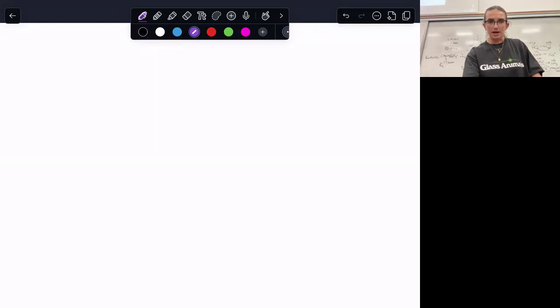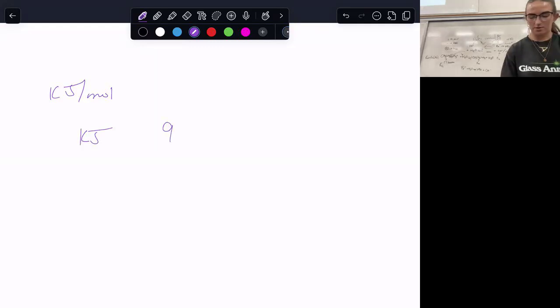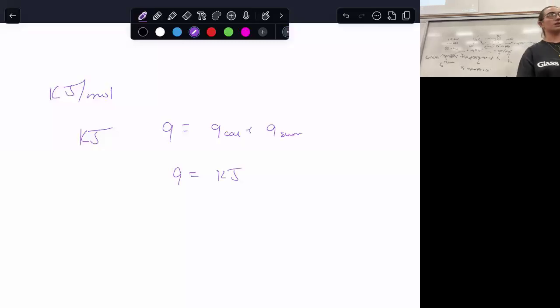When we're looking at that stuff, usually the units that are involved are kilojoules per mole, or you have something in kilojoules. So when you're looking at Q is equal to Q cal plus Q surroundings, depending on the units involved, Q comes out to be in kilojoules.